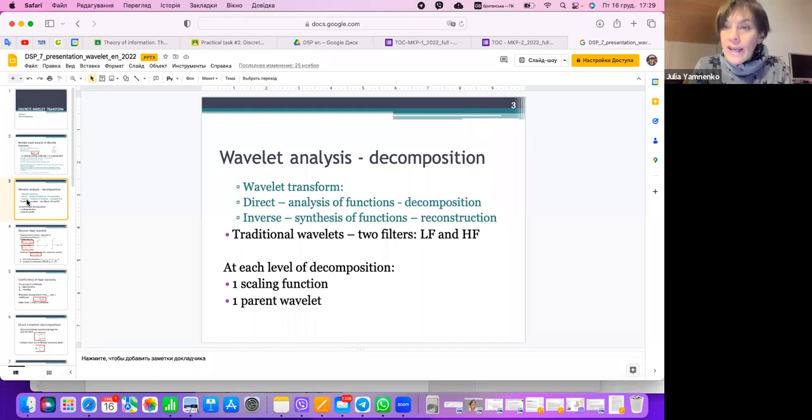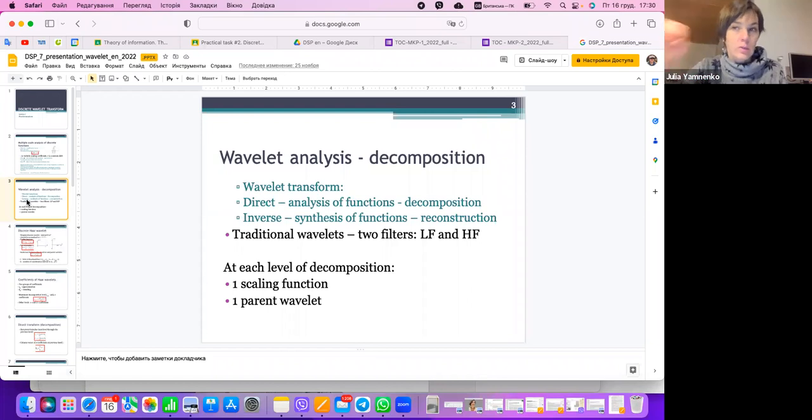As for any traditional method, like Fourier and whatever else we considered, and also those we didn't consider, there are two ways, actually two directions, to analyze the function. We have an original function that we would like to analyze. Then we apply some method, and actually we do a direct transform.